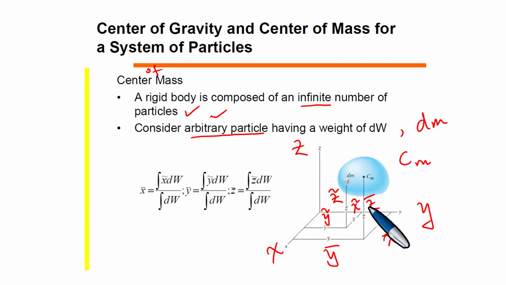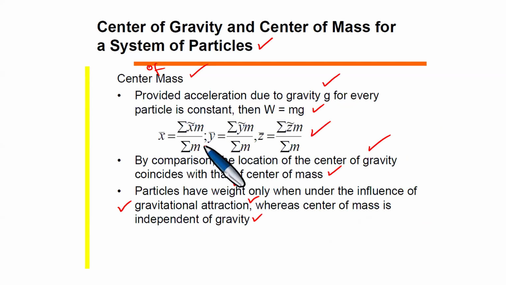So now we say x bar equals the integral of x tilde dW divided by the integral of dW. Remember that we spoke about the summation. We convert these to integrals because these summations would take us forever.